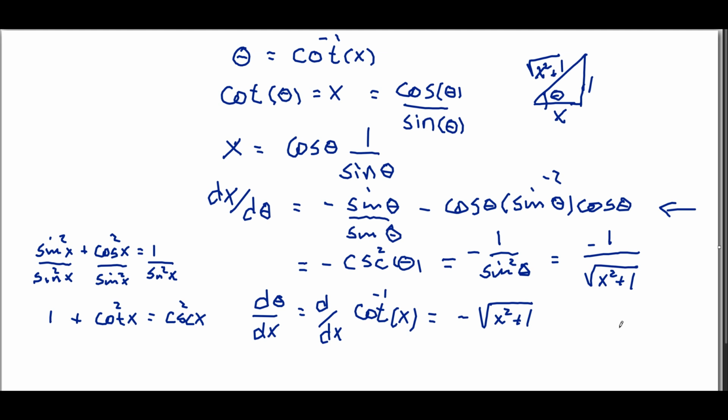So these should be correct. This should be correct. This is right, so we have minus cosecant squared. Oh, let's see. I did this. This is where I went wrong. Right there.